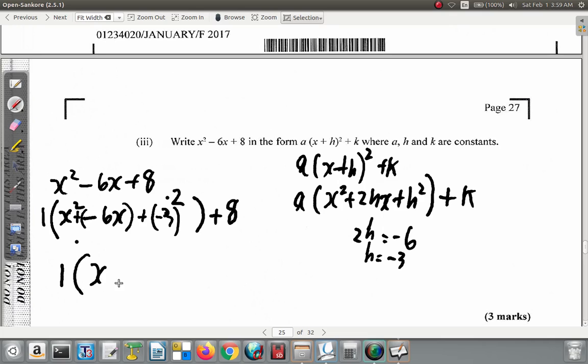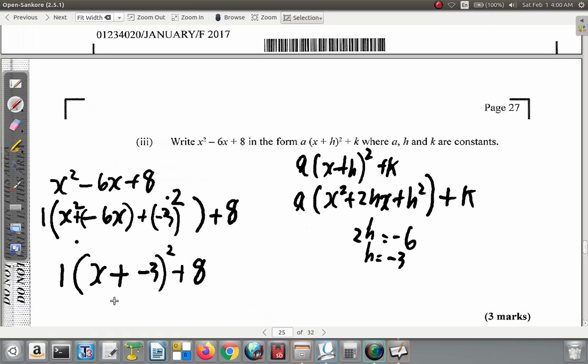Now it's x plus h squared. H is negative 3. It's plus negative 3 all squared. Plus the number after the bracket is 8. It's plus k, which means plus 8 because 8 is k.